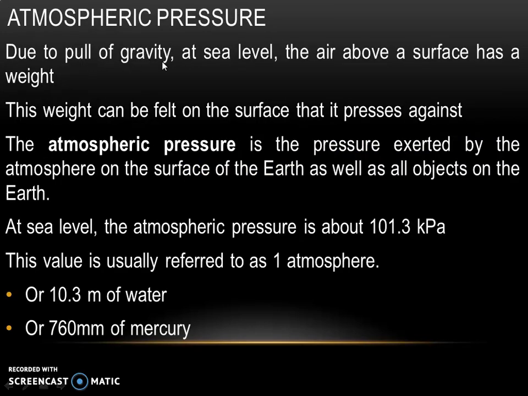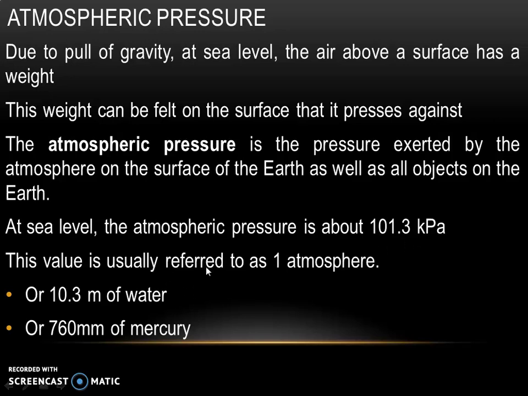Due to the pull of gravity at sea level, the air above a surface has certain weight, and this weight can be felt on the surface that it presses against. So the atmospheric pressure is the pressure exerted by the atmosphere on the surface of the earth as well as all objects on the earth. At sea level, atmospheric pressure is generally taken as 101.3 kPa.